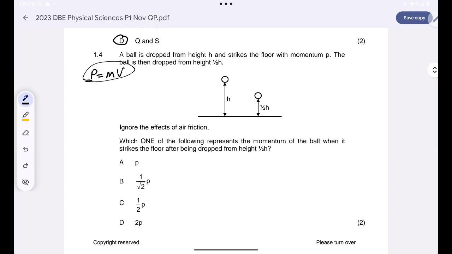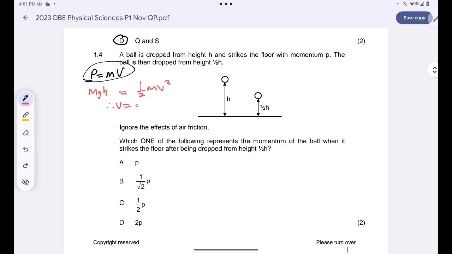Okay, how can we find the speed? I know that in this case, since we are ignoring the effects of friction, this thing becomes a closed system because there are no non-conservative forces, right? Which simply means the mechanical energy at this point, let's call it point A, is equal to the mechanical energy at point B. Are you together? So since mechanical energy is conserved, it simply means that mgh is equal to the kinetic energy at B. And then therefore, for me to calculate V, you'll just do your mathematical gymnastics, guys.